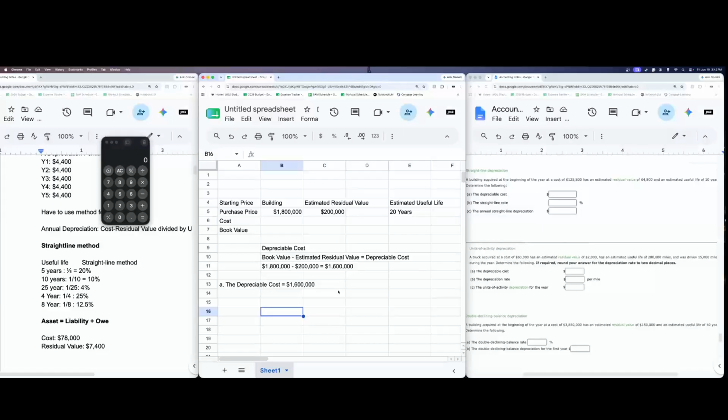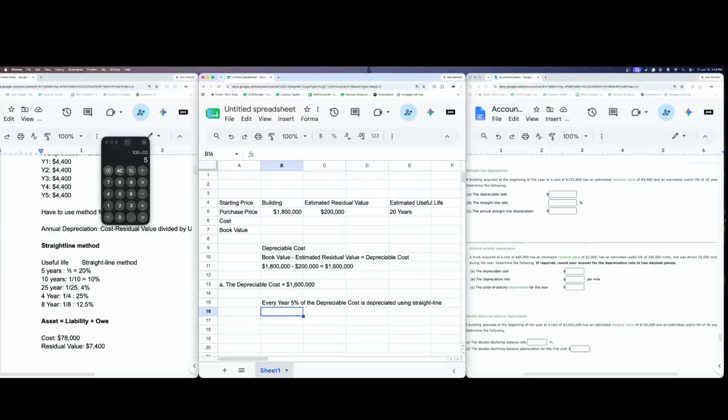So let's say 20 years is the useful life of this building. How much of the depreciable cost is depreciated every year? If it's 20 years and 100% of that depreciable cost, 100 divided by 20, every year 5% of the depreciable cost is depreciated using straight line.